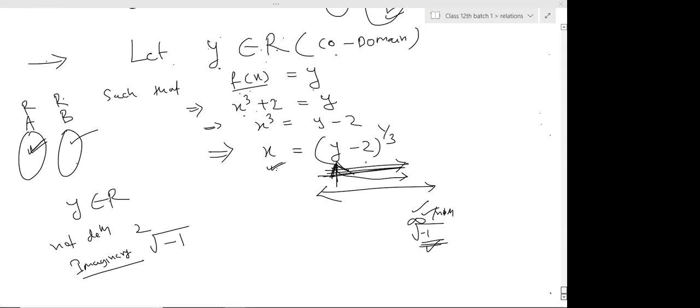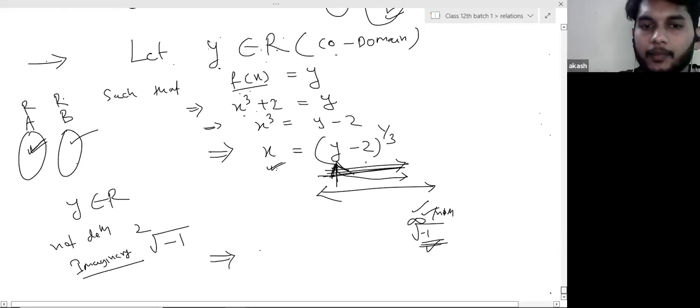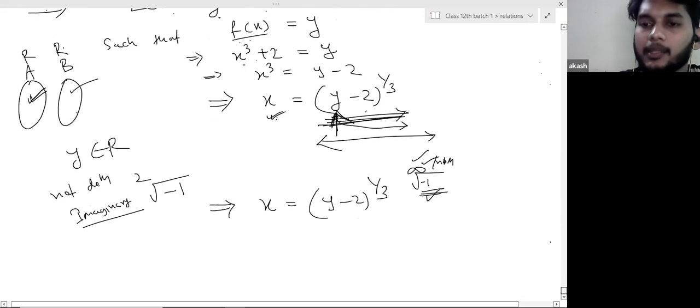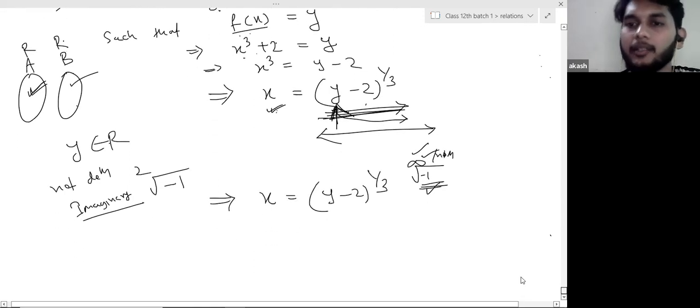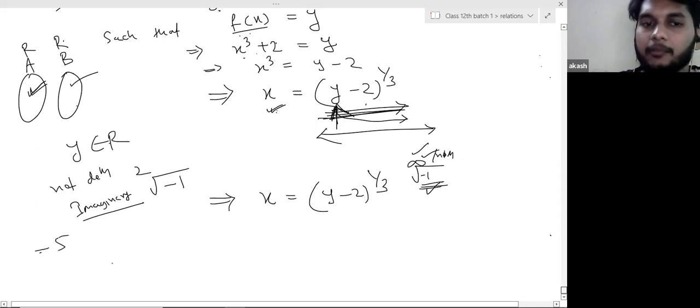No, sir. All right. See, we have x equals (y minus 2) to the power 1 upon 3. Real numbers can generally be divided into 3 parts: negative numbers, 0, and positive numbers, right? So if you put any negative number, suppose I put minus 5. So minus 5 minus 2 is minus 7, and minus 7 to the power 1 upon 3.